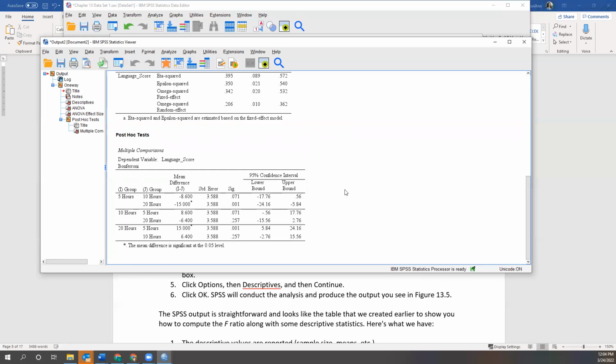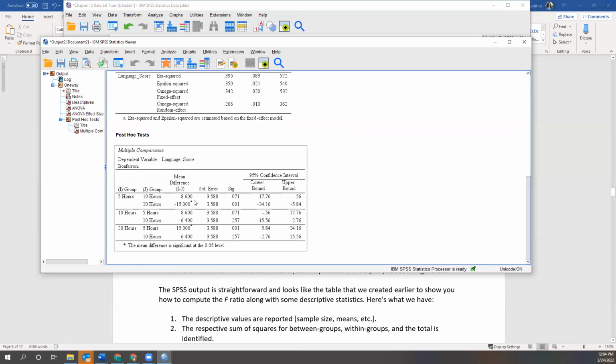Okay, so that would be the way I would document my data. Okay, remember if you see this asterisk, that means it's significant at the 0.05 level. And sometimes when you see articles, you'll see a double asterisk for 0.01 and the triple for 0.001, but for SPSS, it just means it's significant at the 0.05 level.